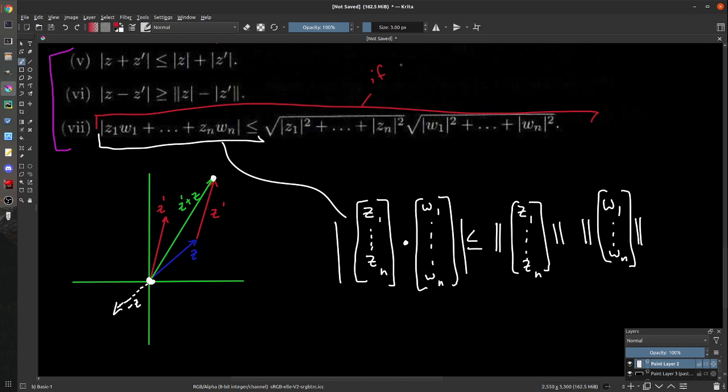So I'll just write it. If WK equals ZK, this says that the sum of the moduli of the z's squared is less than or equal to, and I should put it like this.